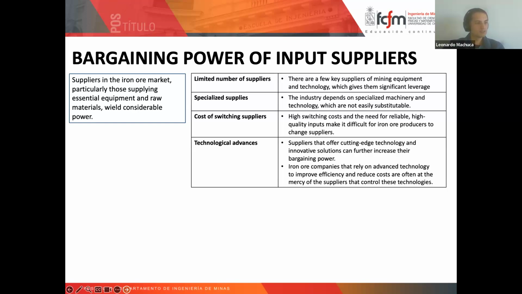Technological advances, suppliers that offer cutting-edge technology and innovative solutions can further increase their bargaining power. And iron ore companies that rely on advanced technology to improve efficiency and reduce costs are often at the mercy of the suppliers that control these technologies.